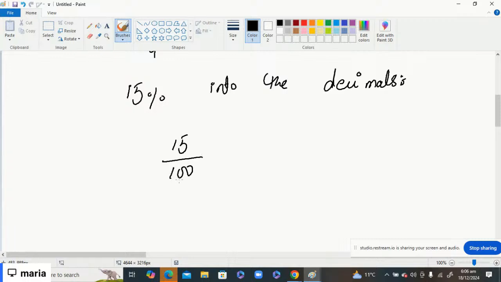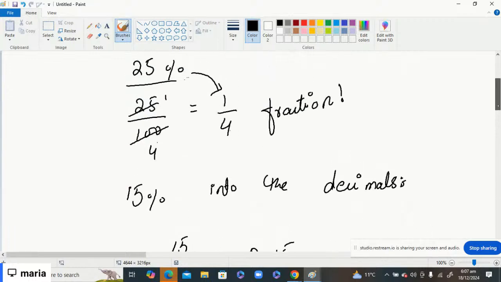In place of the percentage we put the 100. Now just divide 15 over 100. What answer do you get when you divide 15 by 100? It is 0.15. This is the conversion into decimals.